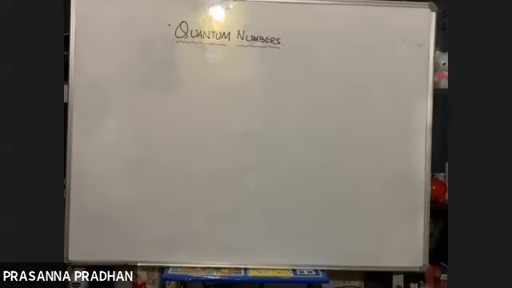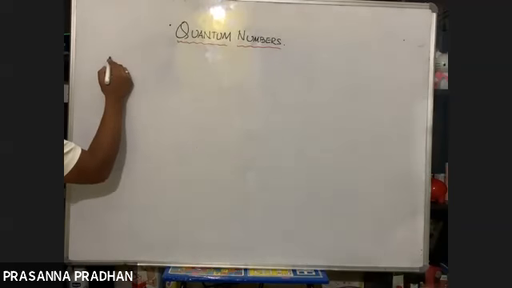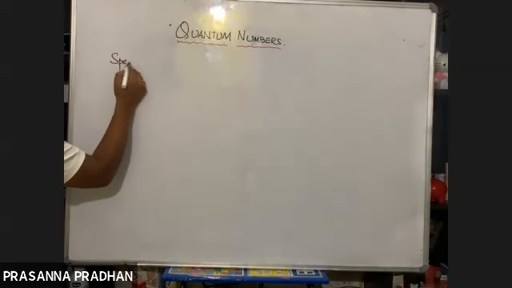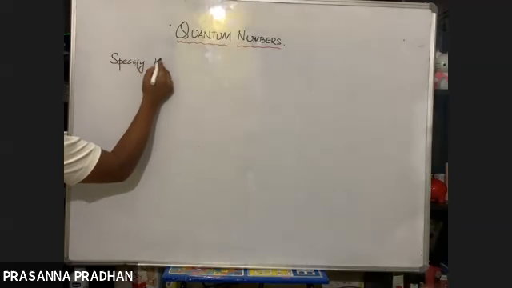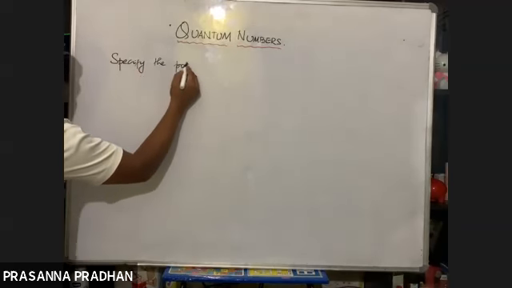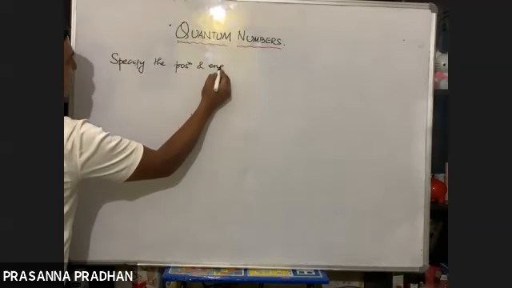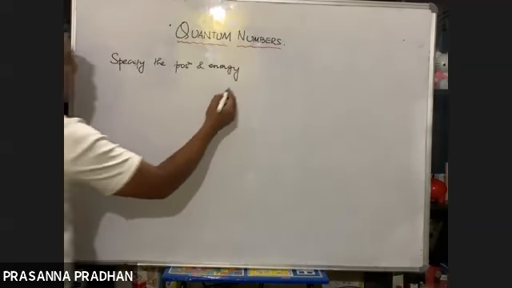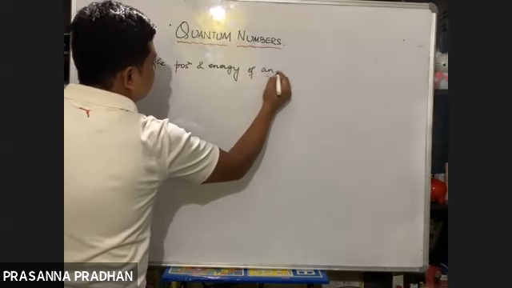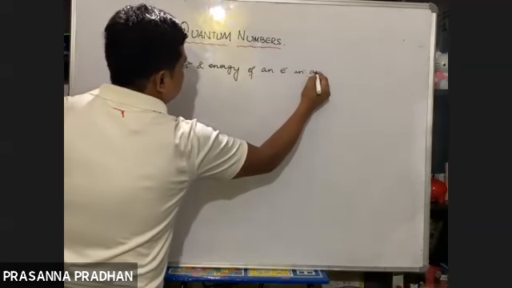So quantum numbers are a set of numbers which help us to define an electron completely. They are used to specify the position and energy of an electron in an atom.